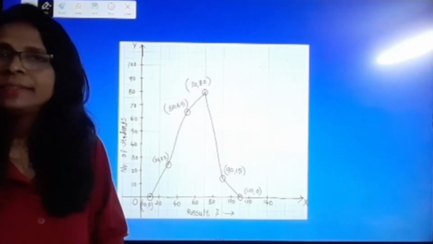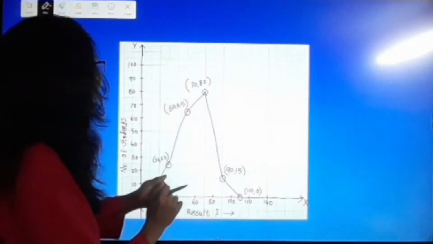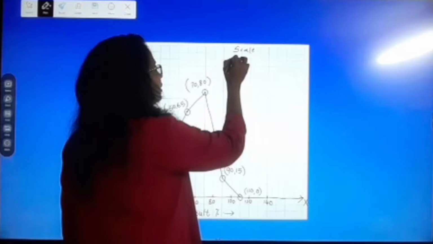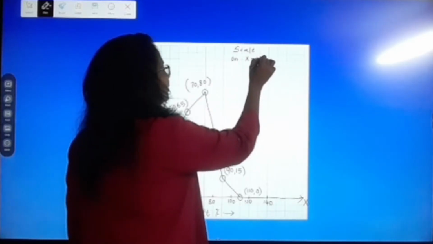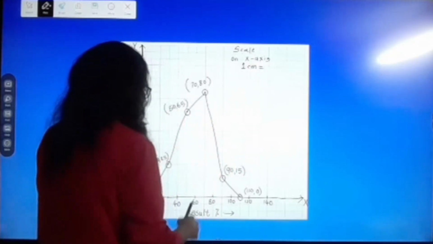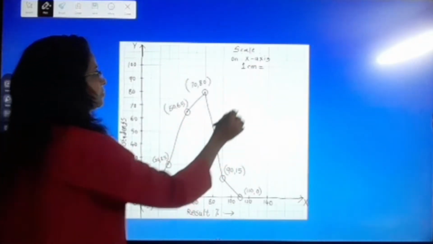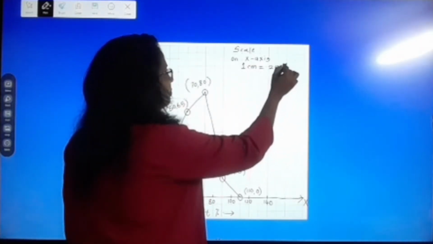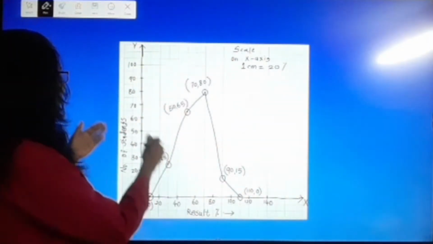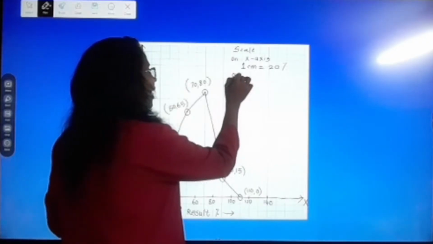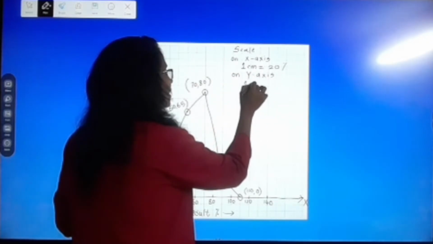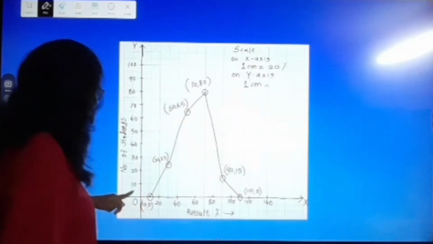Yes, and the main thing is that you write down the scale here at this corner. On x-axis, 1 centimeter is equal to 20. That 20 means the 20%. And then here students, on y-axis, 1 centimeter taken as 10.